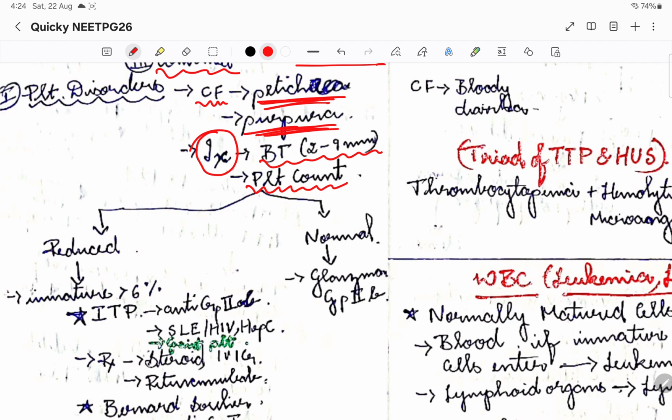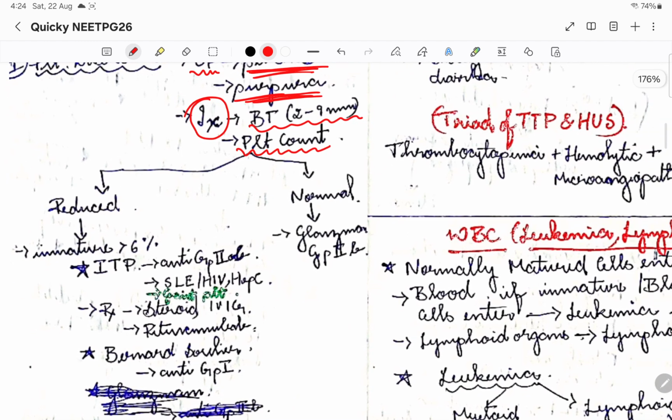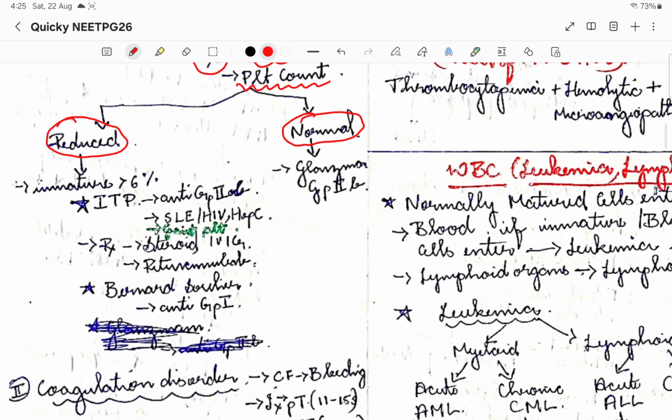Now let us see, if the platelet count is reduced, what is the pathology, and if the platelet count is normal, then what is the pathology. If the platelet count is normal and primary hemostasis is affected, then it is Glanzmann pathology, because GP2B is affected.